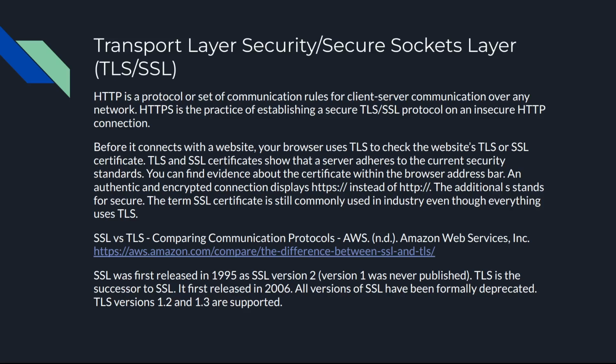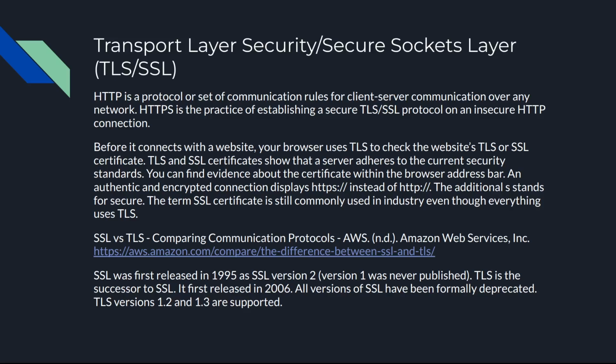HTTP is a protocol, or set of communication rules, for client-server communication over a network. HTTPS is the practice of establishing a secure connection using TLS/SSL over an insecure HTTP connection.